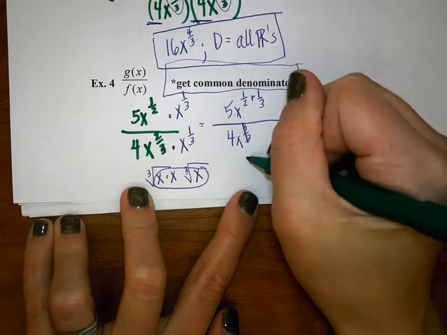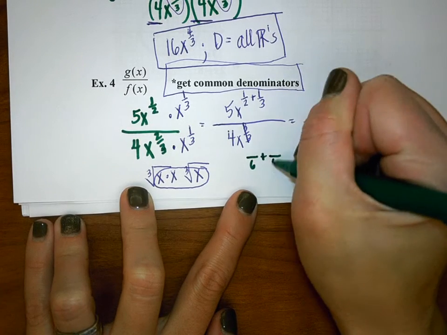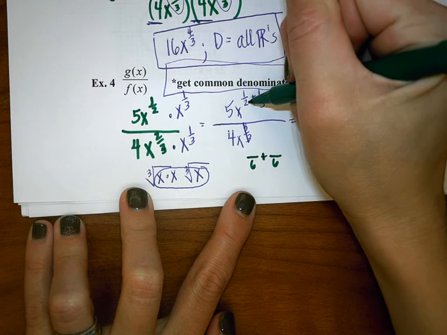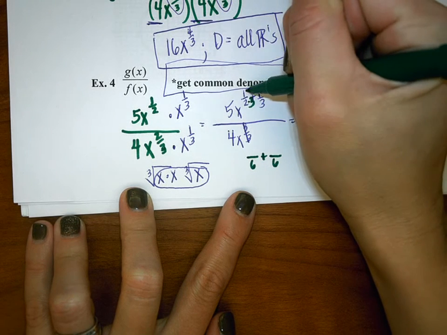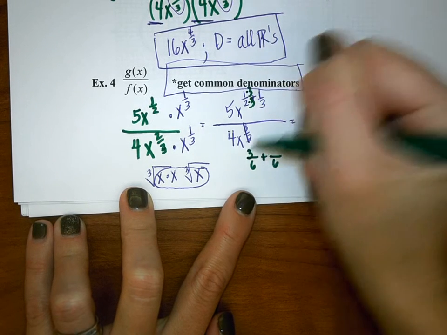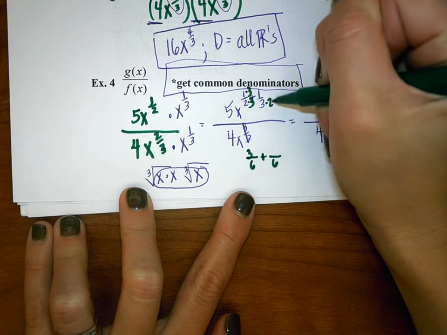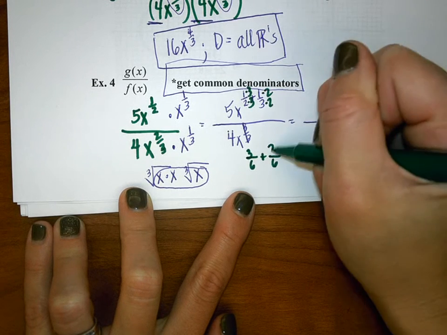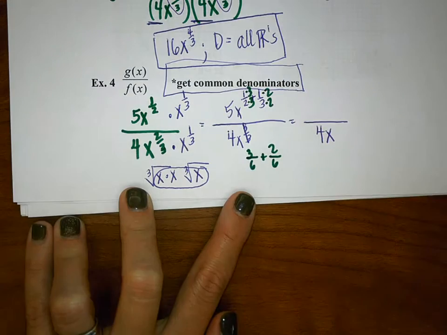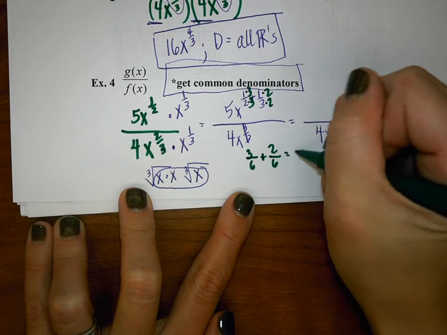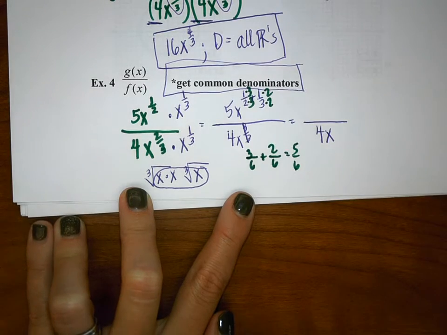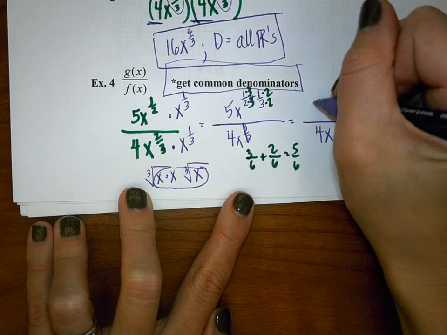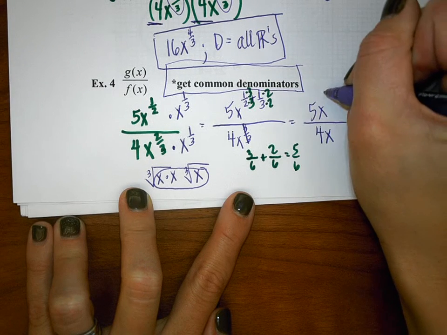So 6 is in the denominator, and then 2 times 3 makes 6, so 1 times 3 is 3, and over here 3 times 2 makes 6, so 1 times 2 is 2, and we add that together, and 3 plus 2 equals 5/6. So my numerator now, the top, is going to be 5x to the 5/6 power.